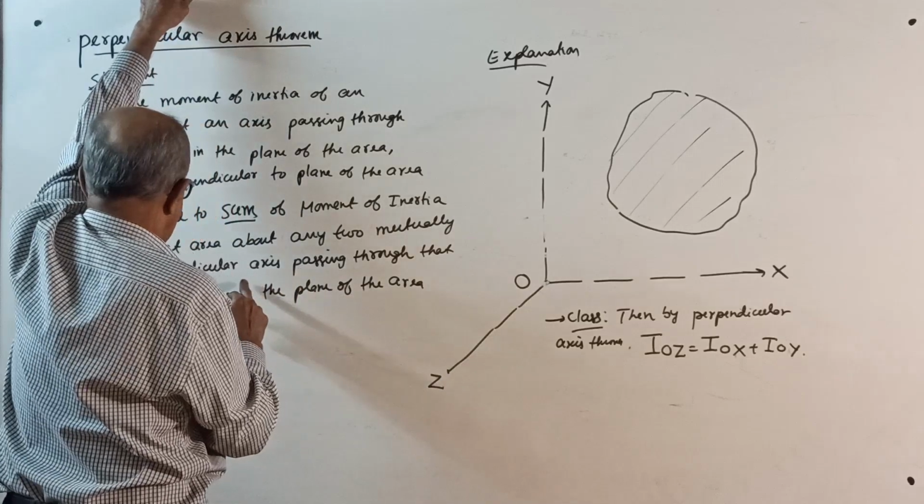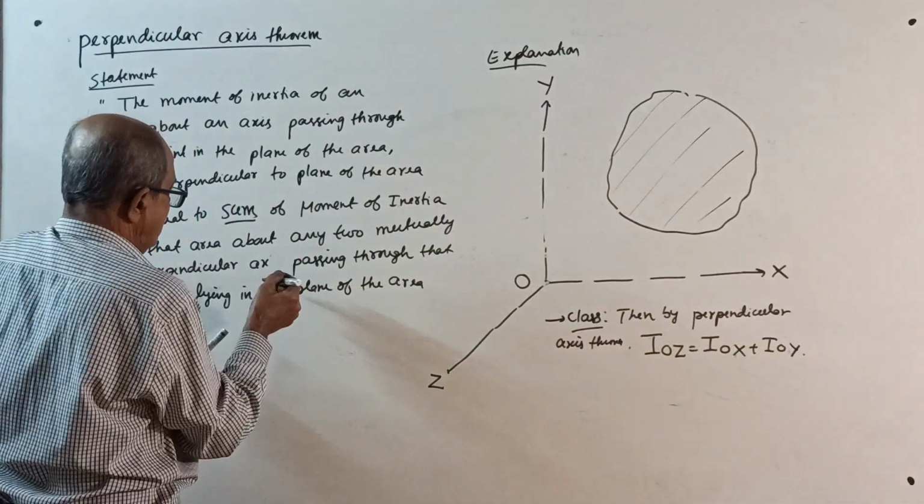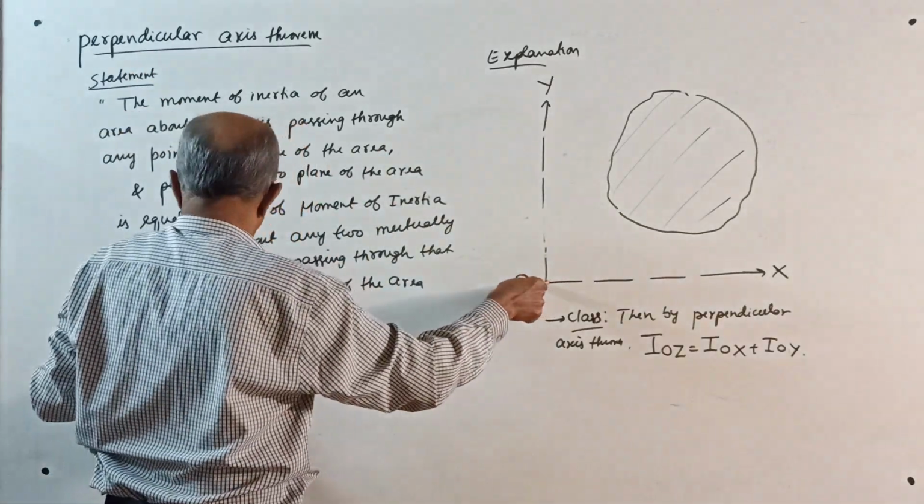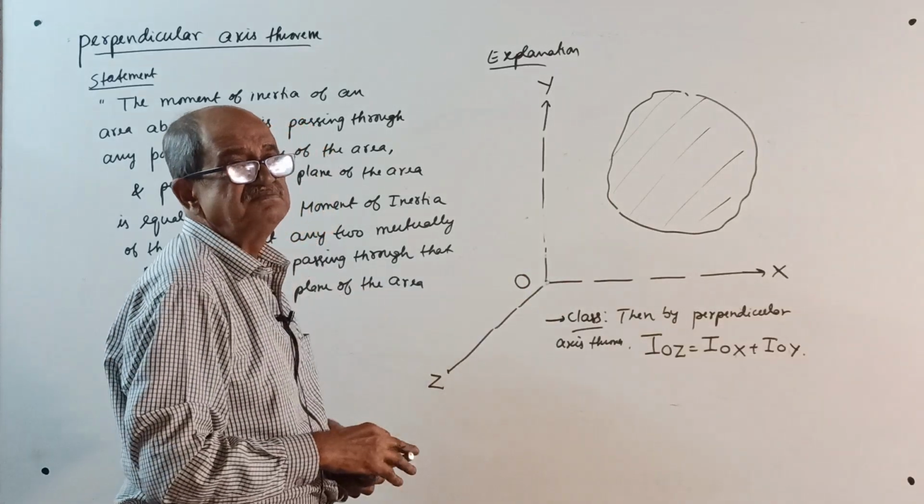Mutually perpendicular axes, I should write, not axis, passing through that point and lying in the plane of the area.